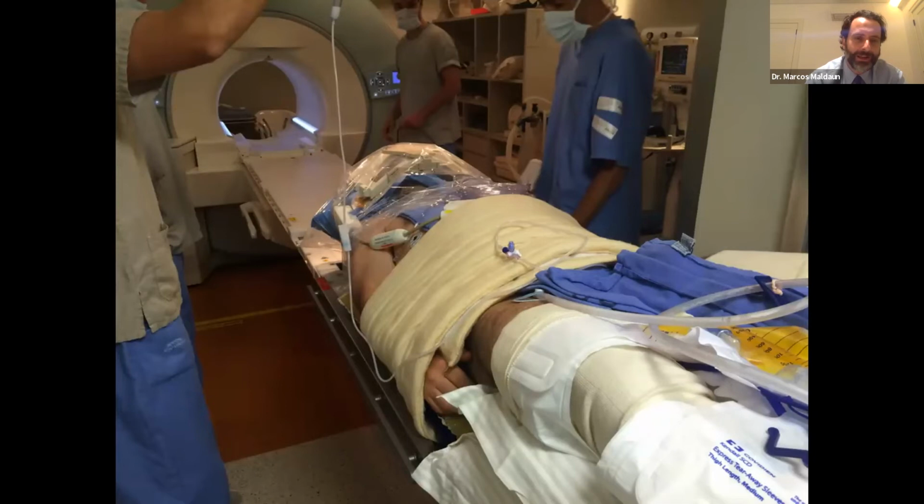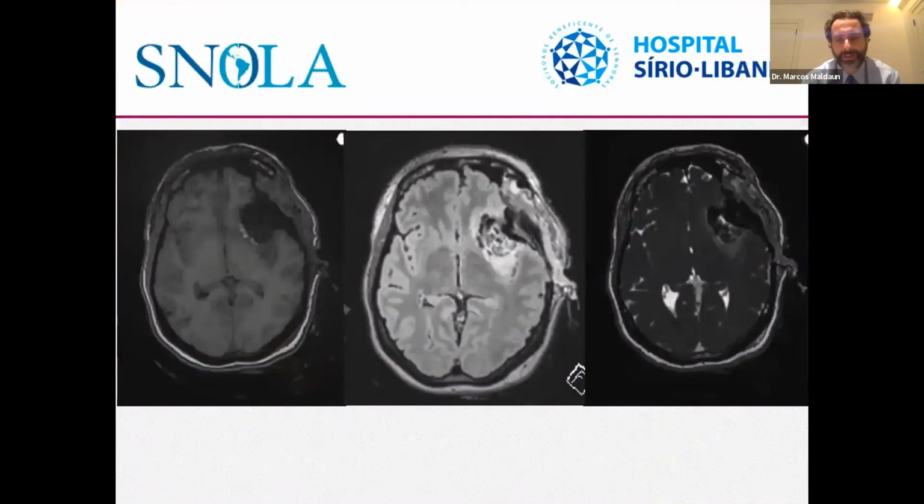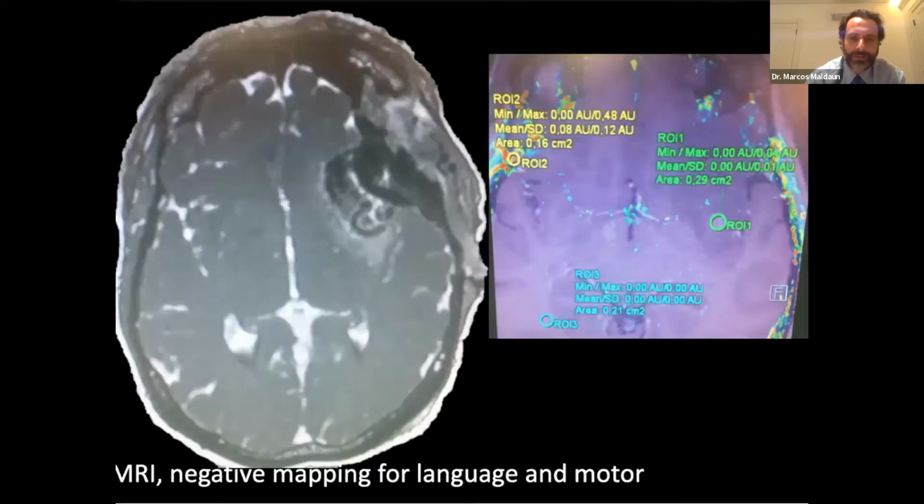And then when we came back to check the extent of resection, this is the surgeon's nightmare, or an upset situation, because we found some residual tumor in the posterior part of the insula, and maybe really near to the enhanced portion of this possible hotspot of this frontal insular tumor.